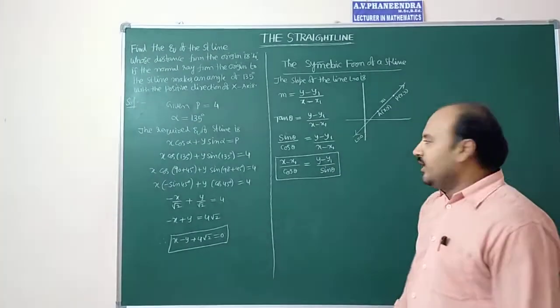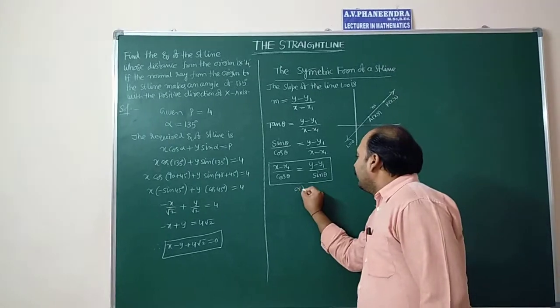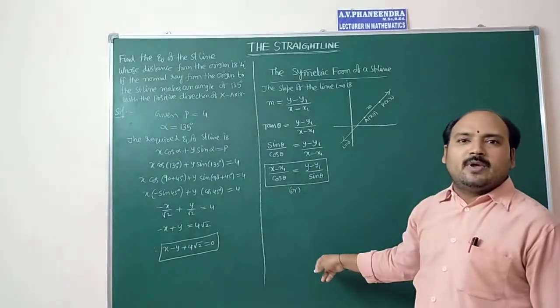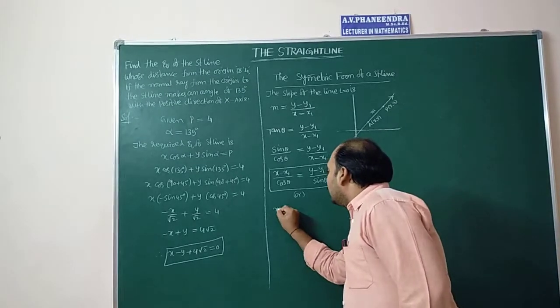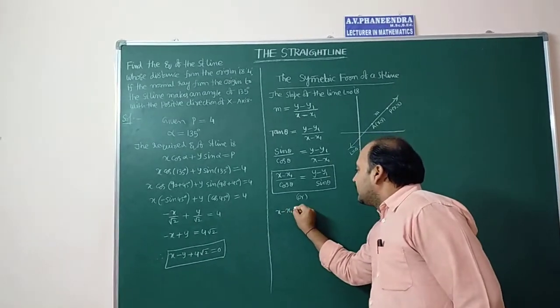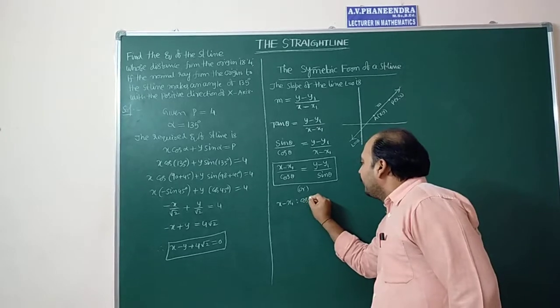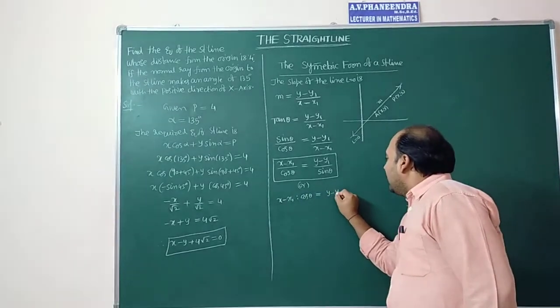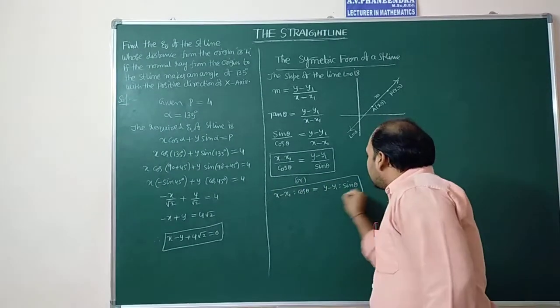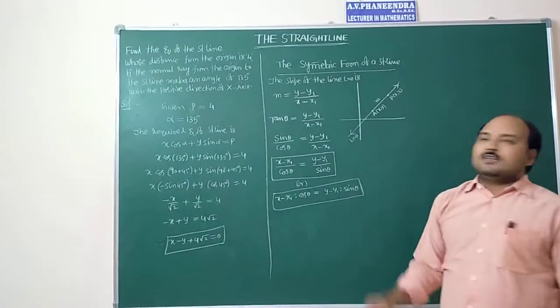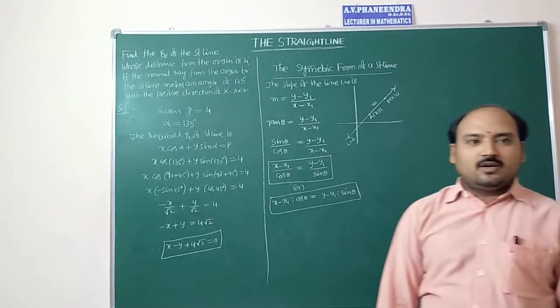One more important thing, we can denote it like this also. Here it is in the form of a by b equal to c by d, so we can write it as a is to b. In some books they write it like this: x minus x1 is to cos theta is equal to y minus y1 is to sin theta. This also represents the symmetric form of the straight line.